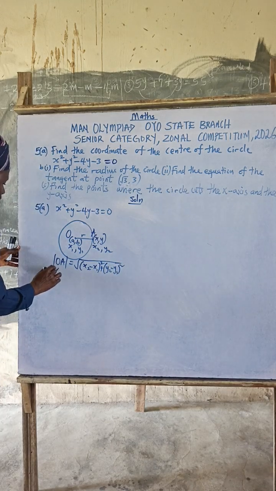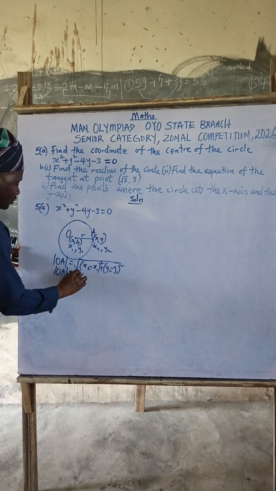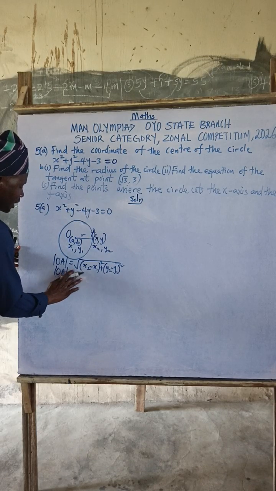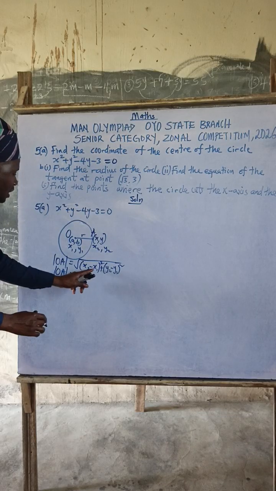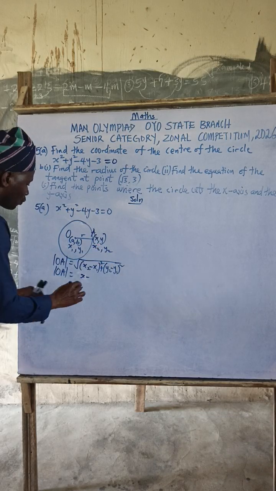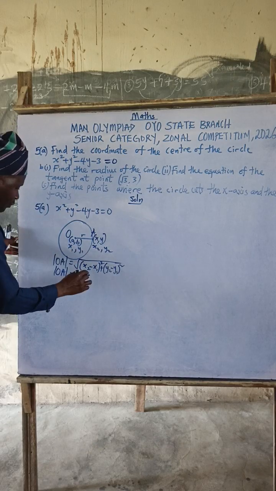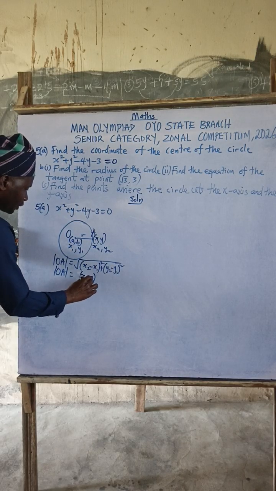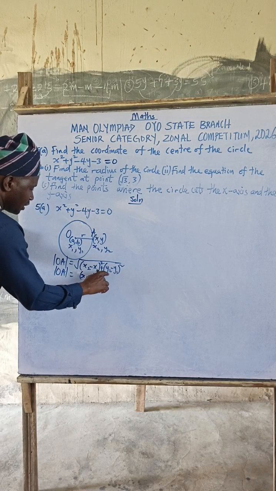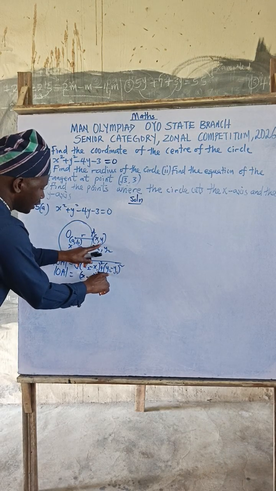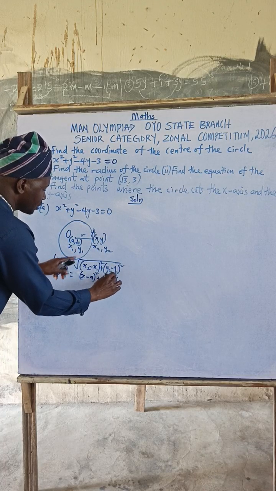When we simplify, we have OA, which is the radius of the circle, equals the square root of x minus a, squared, plus y minus b, squared, where we substitute x for x2 and a for x1, y for y2 and b for y1.